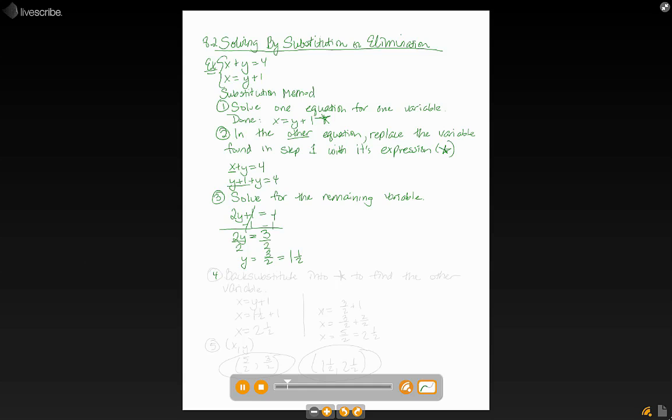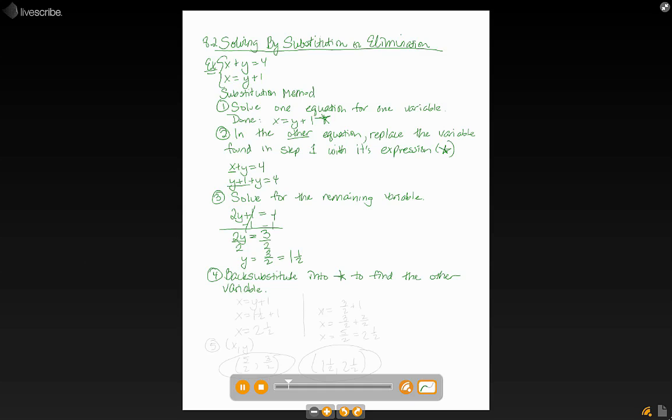So, step 4 is to find x. And the way you do that is you back substitute into star to find the other variable. In this case, x, right?